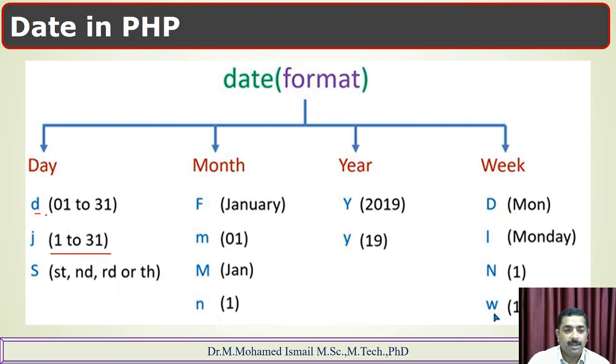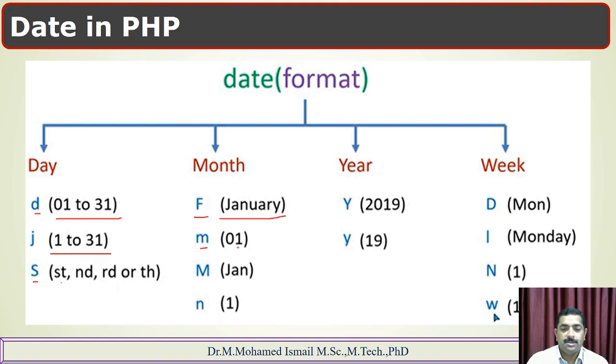Small d means that the day of the month is represented in double digits, 01 to 31. Small j means 1 to 31 in a single digit. Already we have seen the suffix: first, second, third, fifth, like that the suffix will come. For month, capital F means the full month name will be given.